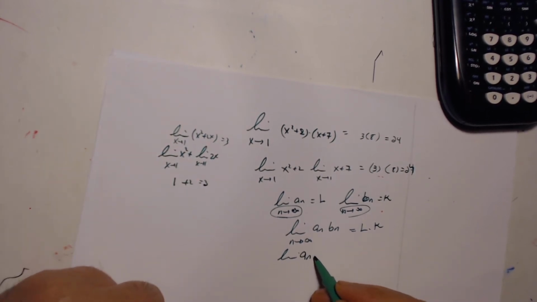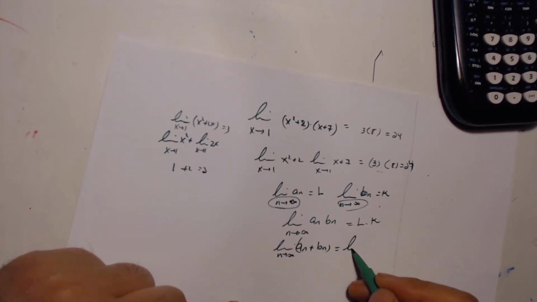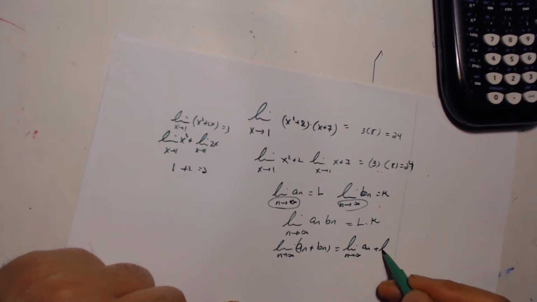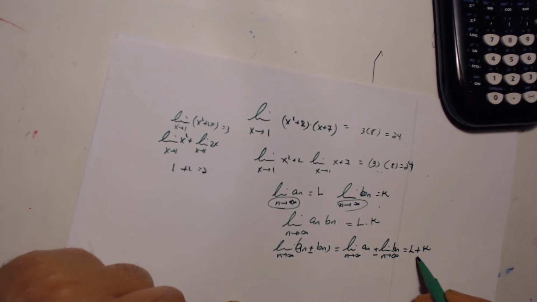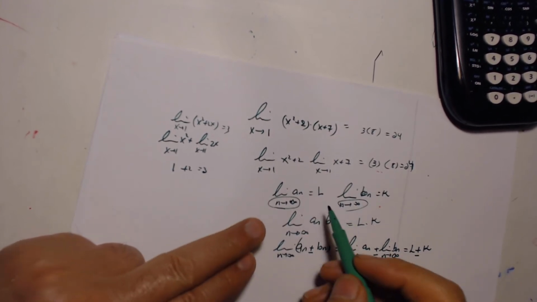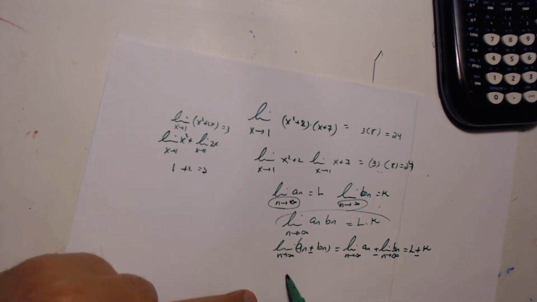Therefore, the limit of a sub n plus b sub n as n approaches infinity is the same as the limit of a sub n as n approaches infinity plus the limit of b sub n as n approaches infinity, and that's nothing except L plus k. You can do the same thing with the negative. You can do the same thing with the division.